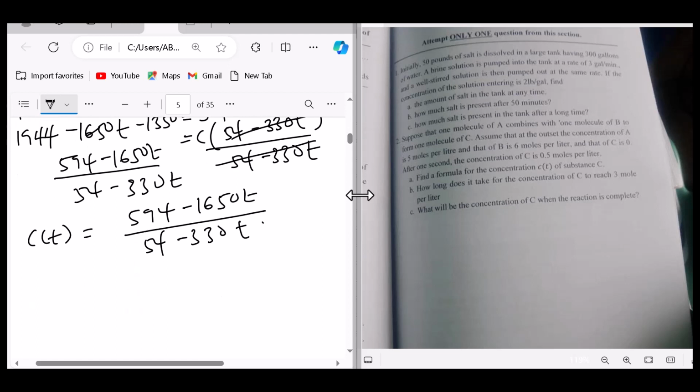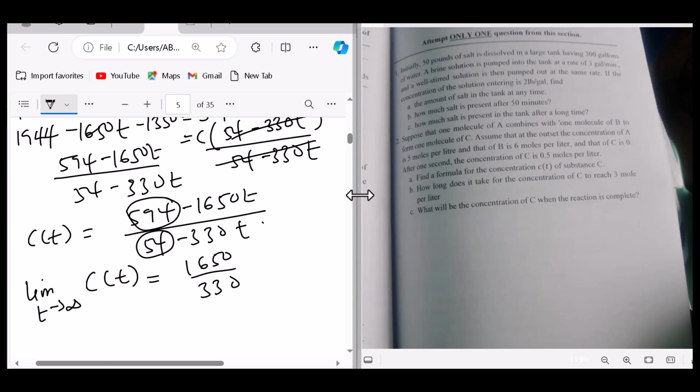Now we take the limit, so the limit as t goes to infinity of C of t, and so that will mean this term will go to 0, this term will go to 0. So we will simply have 1650 divided by 330.